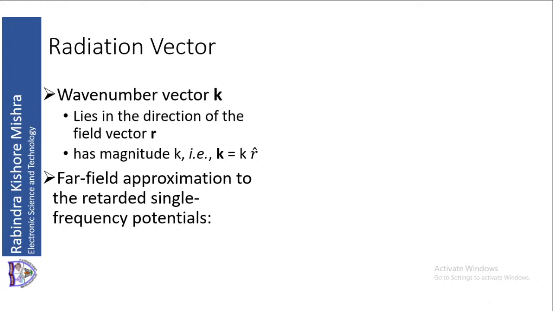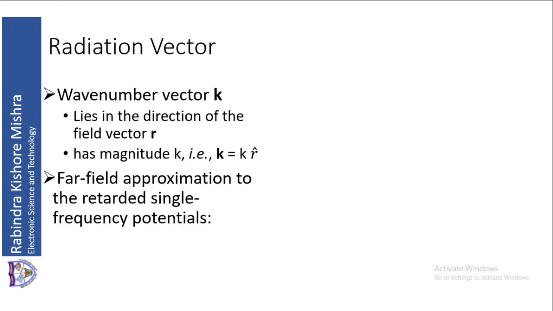Now we are doing the far field approximation. To do the far field approximation to the retarded single frequency potential, we will consider a single frequency potential. The reason for considering a single frequency is that we are interested only in the time harmonic field. Time harmonic fields are monochromatic, and monochromatic means it has only one frequency.